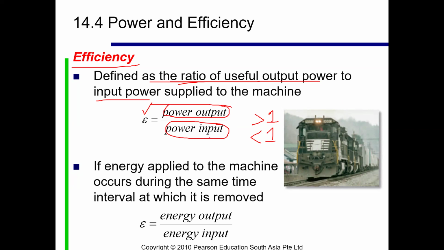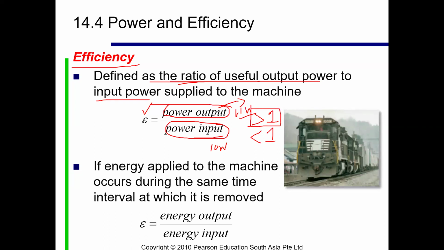So if at the input I apply 10 watt, and at the output I can get 11. Is this what you're saying, Ruby? So if I can provide less power in the system and get higher power at the output, this is not true.